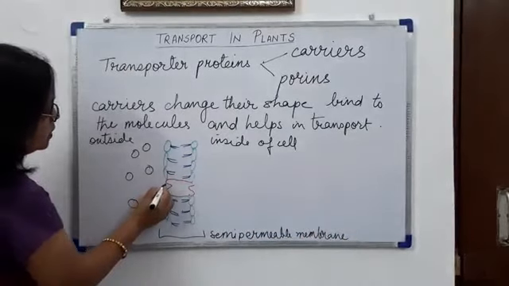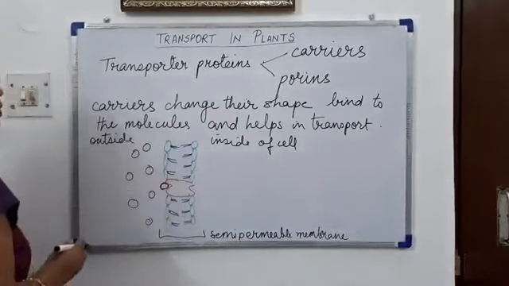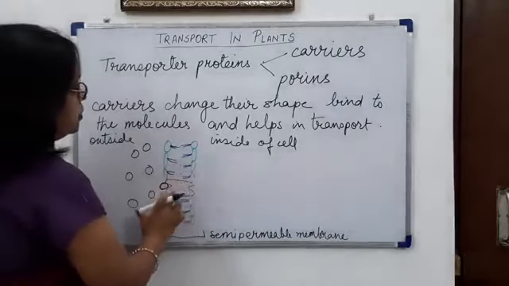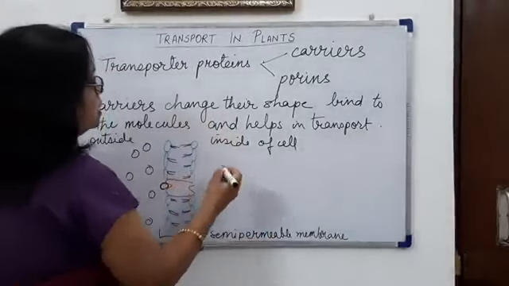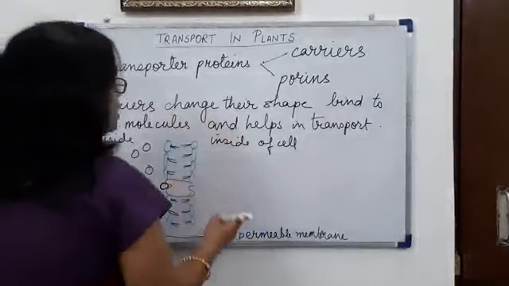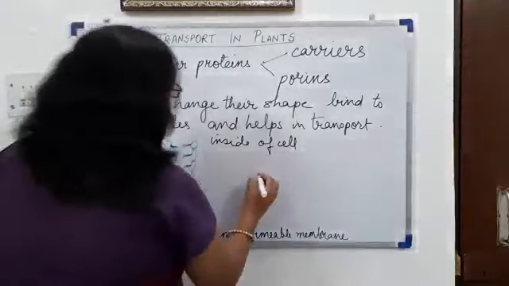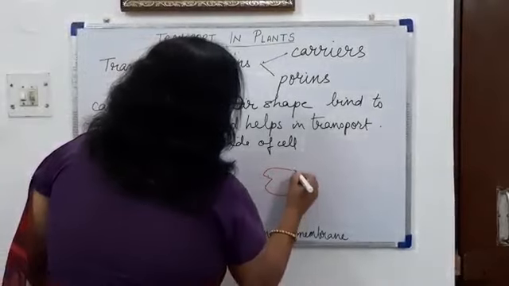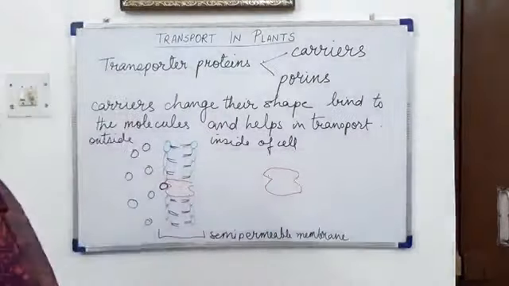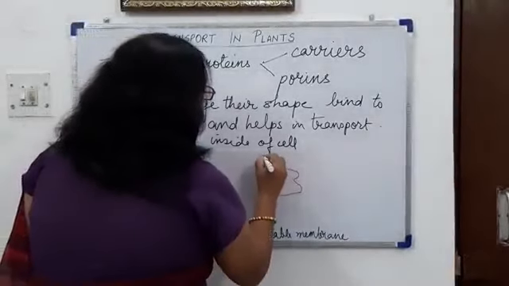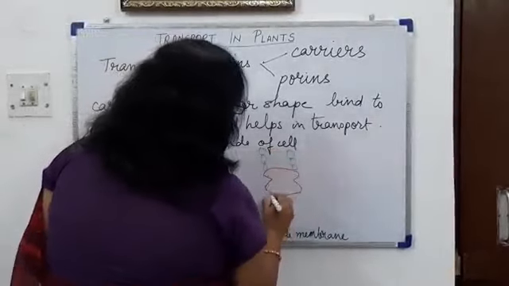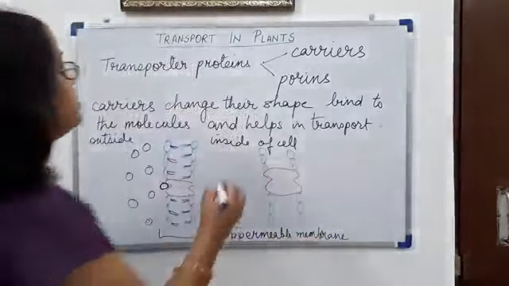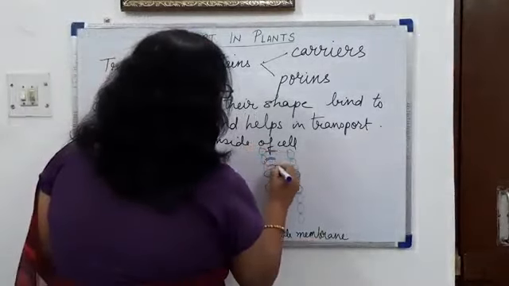So this molecule binds to the protein, that is the carrier protein. Then this carrier protein changes the shape and transports the molecule in this form. This is again the biomembrane, the lipid bilayer.